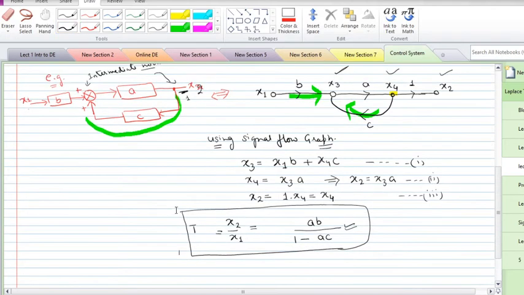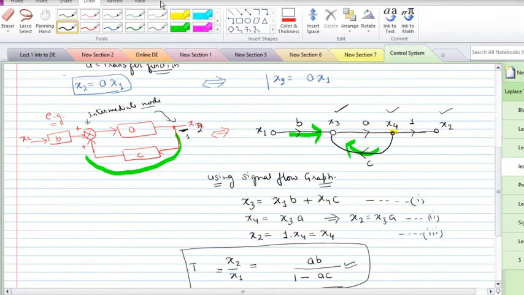Now look at this part AB. Here AB is actually the transmittance of the forward path.